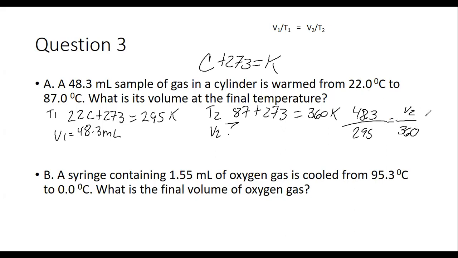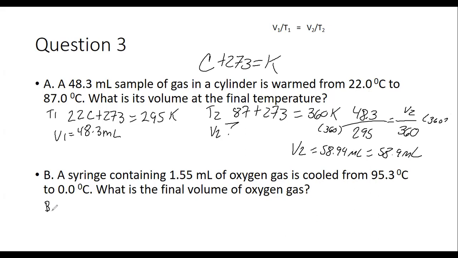So do the fraction on the left, multiply each side by 360. My volume at this new hotter temperature is 58.94 milliliters. It should be 3 sig figs, so that's 58.9 milliliters. We got hotter, so our volume should increase.